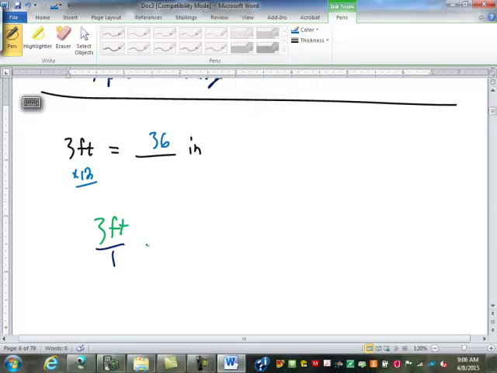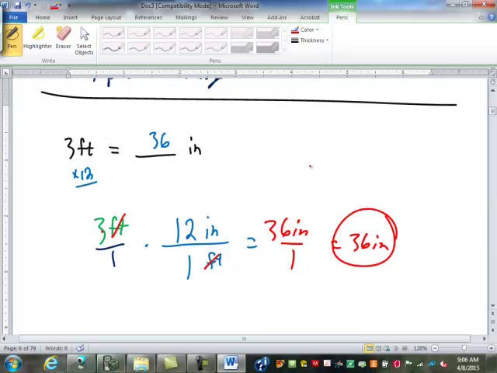Then we're going to convert. We're going to get rid of feet. So I'm going to put feet on bottom so that in multiplying our fractions, the feet cross cancel out. I'll put inches on top. And we know that 1 foot equals 12 inches. So now when we multiply, the feet cross cancel out. We have 3 times 12 inches is 36 inches. 1 times 1 is 1, so it's 36 over 1 or just 36 inches.